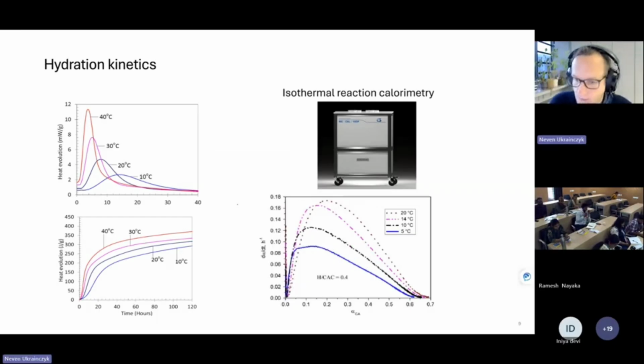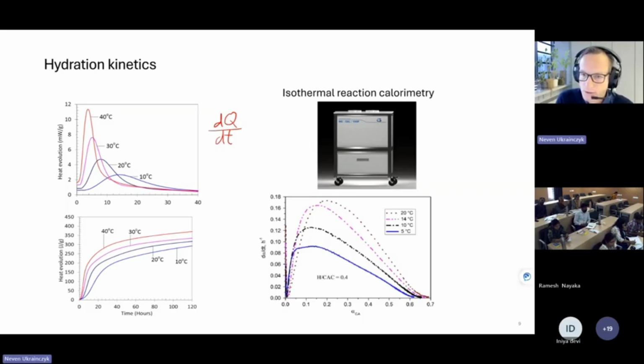So if you have this delta Q dt, this is the flux. That's what you have here, milliwatts per gram. It's always per gram, but let's just say it's the total energy divided by time.